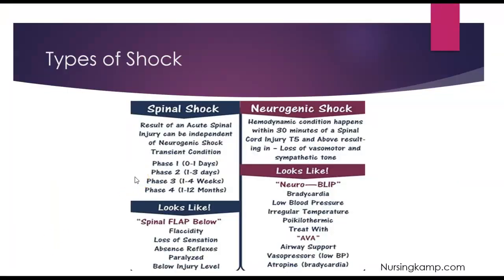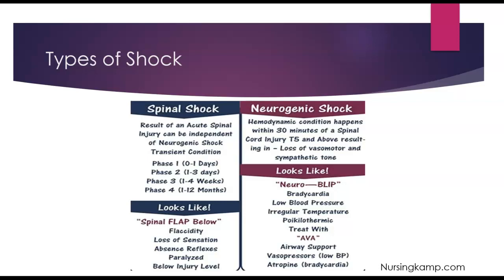One of the things that we typically see, and we've discussed, and I know this can be confusing, so we're going to talk initially of the different types of shock that you can see. Before we even get into that, though, this is one of those injuries where you've got to remember your ABCs.